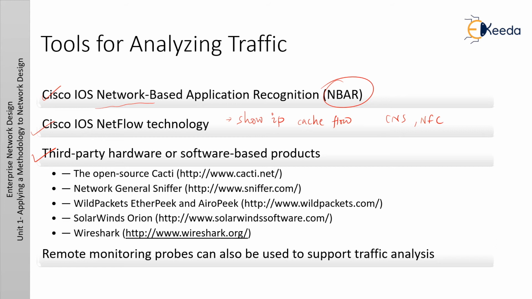These are open source Cacti, already discussed, Network General Sniffer, WildPackets EtherPeek or AiroPeek, SolarWinds Orion, and Wireshark. So these are the remote monitoring probes that can also be used to support traffic analysis.